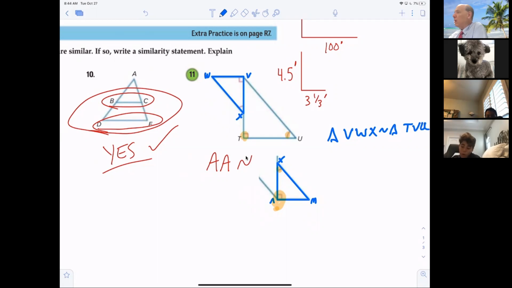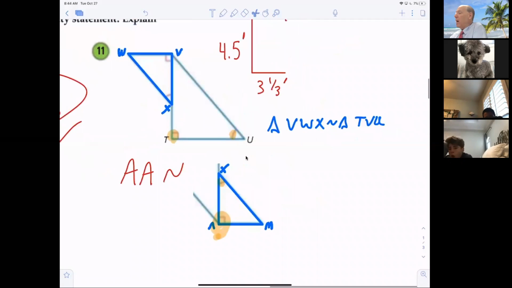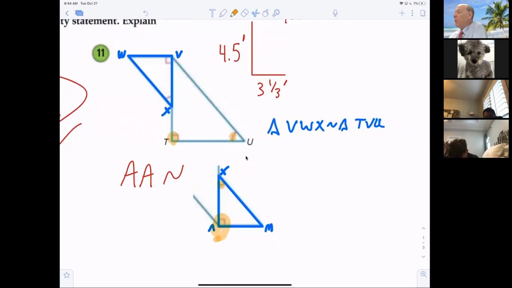Now look, I'm trying to tell you guys where the mistakes occur. I think every time you solve a proportion, you should write the similarity statement, because you can be deceived.